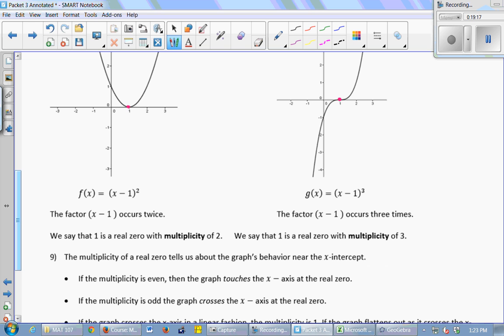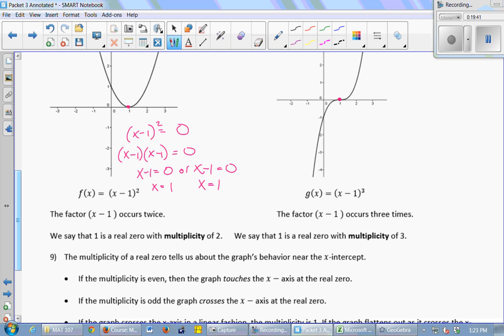If I were to set (x minus 1) squared equal to 0, (x minus 1) squared means (x minus 1) times (x minus 1). Then you set each factor equal to 0, and you get x equals 1 as a solution to both equations.